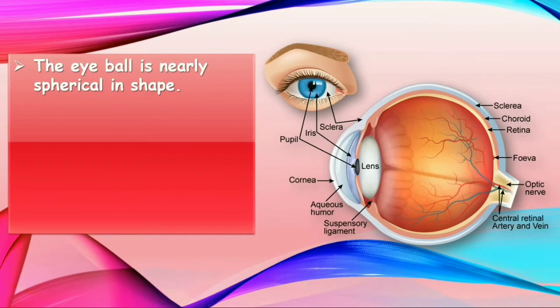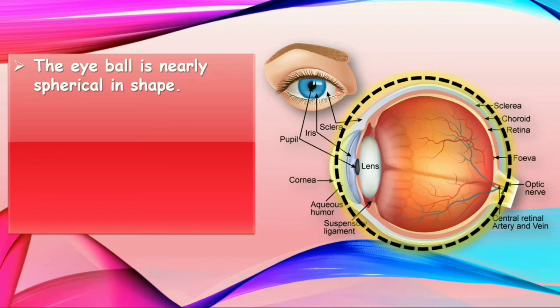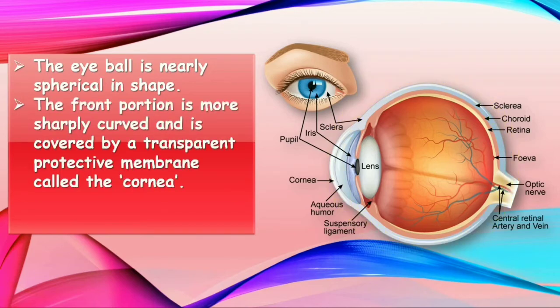The eyeball is nearly spherical in shape. The front portion is more sharply curved and is covered by a transparent protective membrane called the cornea.